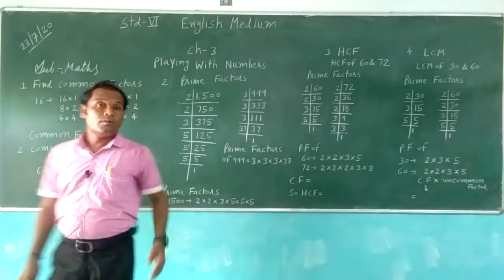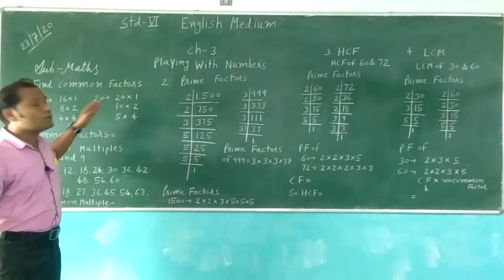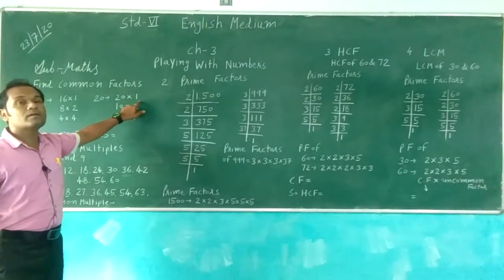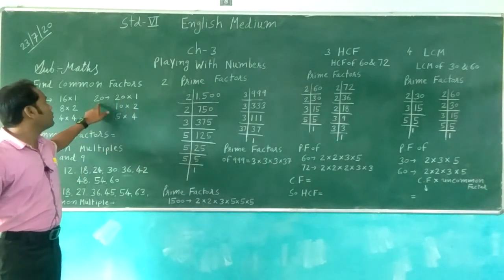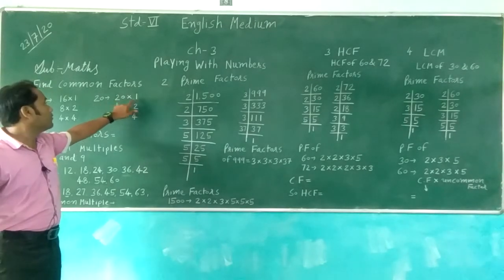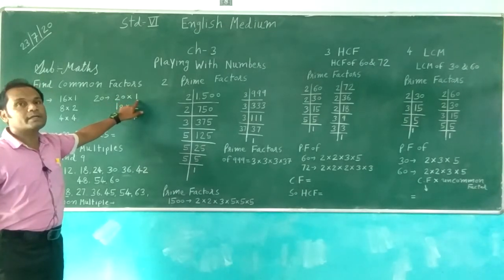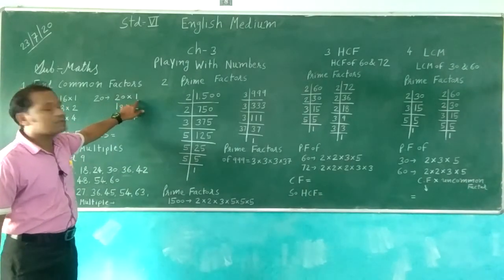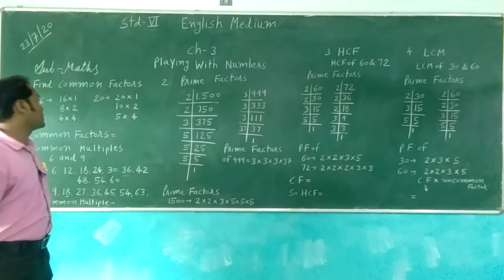Now we'll find the factors of 20 the same way. 20 ones are 20. So 20, the number itself, and 1 are factors of that number. As I told you, the number itself and 1 are factors of all numbers.